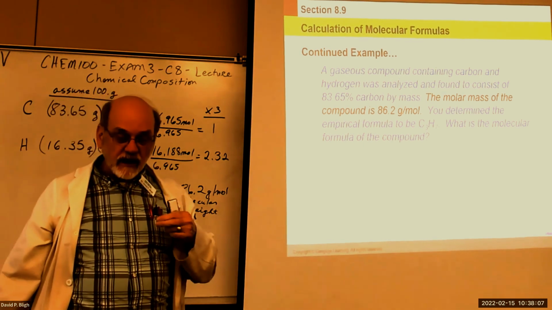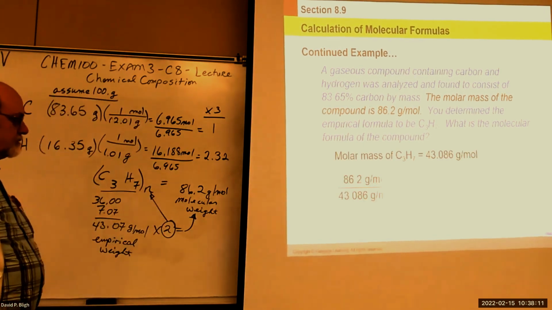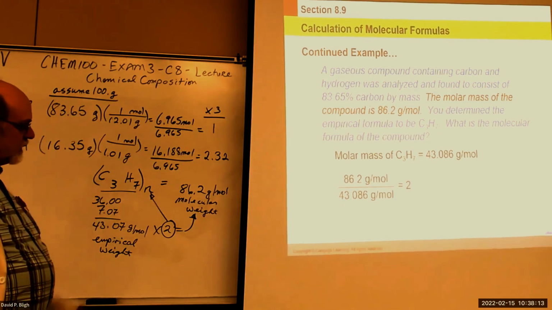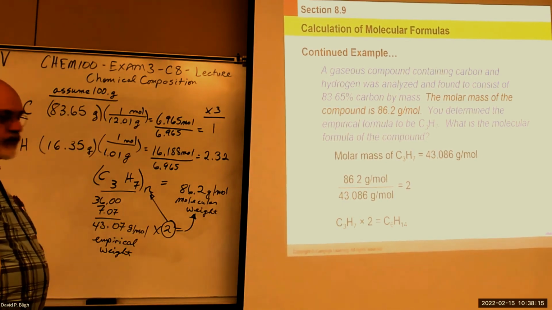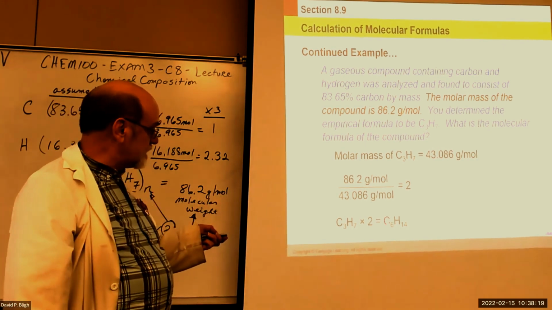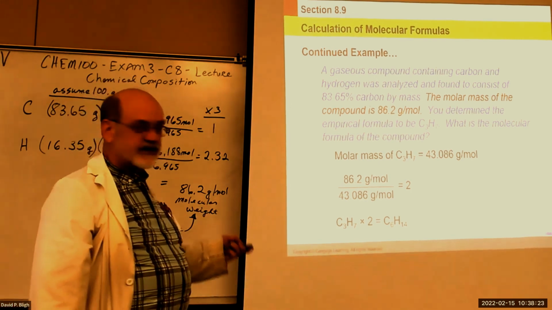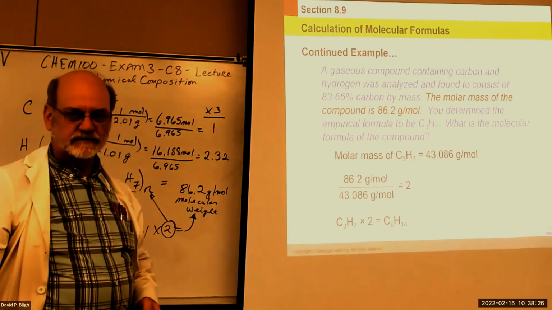But if it's going to be close to some whole number, there's your ratio. That gives you the multiplier. So the molecular formula is actually C6H14, which is hexane.